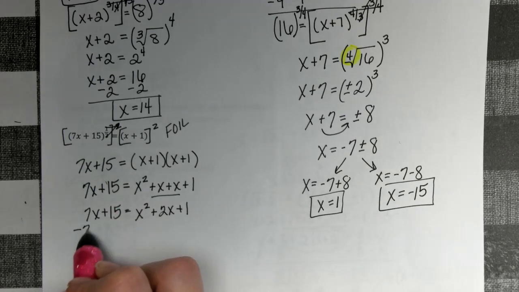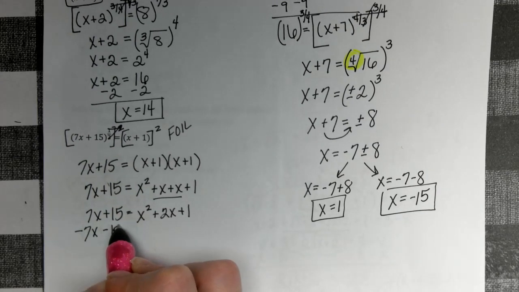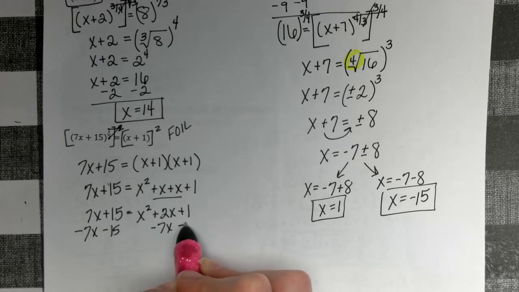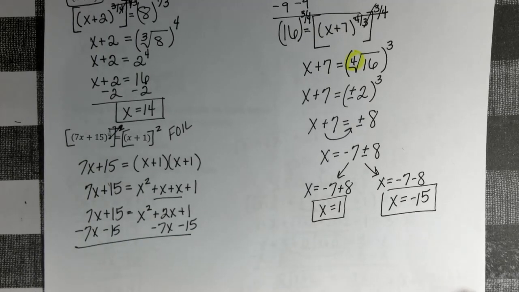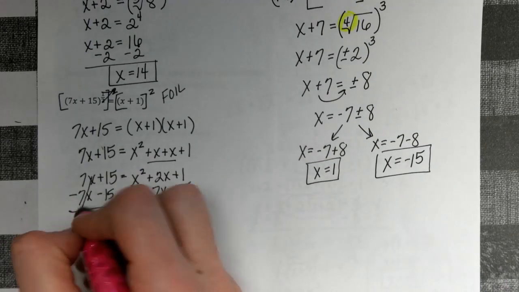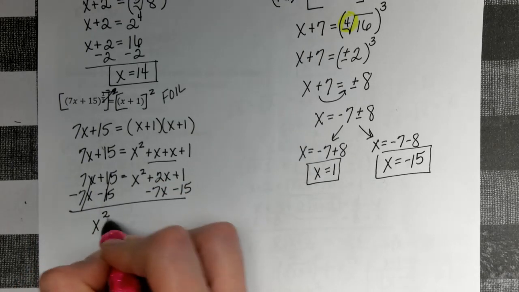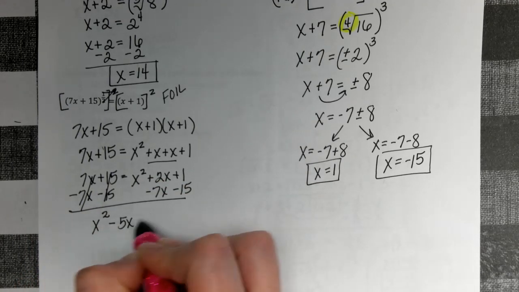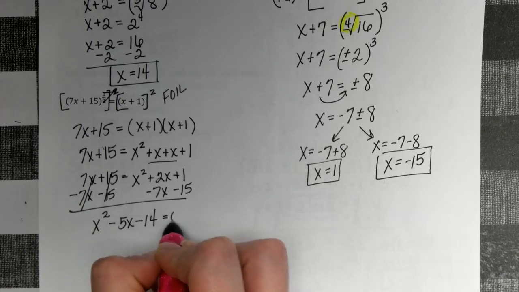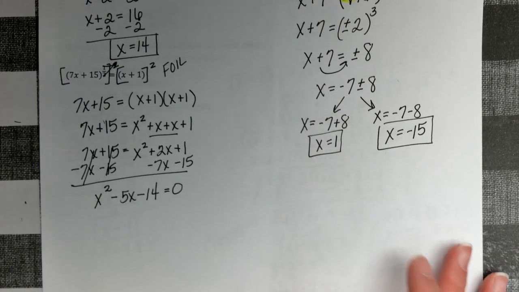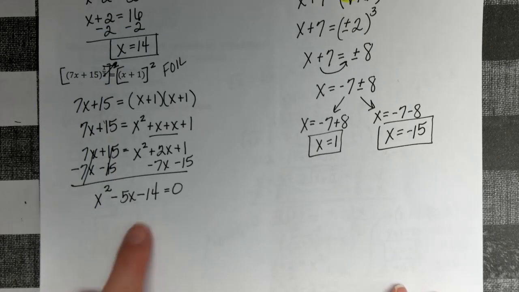So 7x plus 15 equals x squared plus 2x plus 1. Then I subtract my 7x and my 15. X squared minus 5x minus 14 equals 0. You're factoring. So factors of 14, are they going to add or subtract?